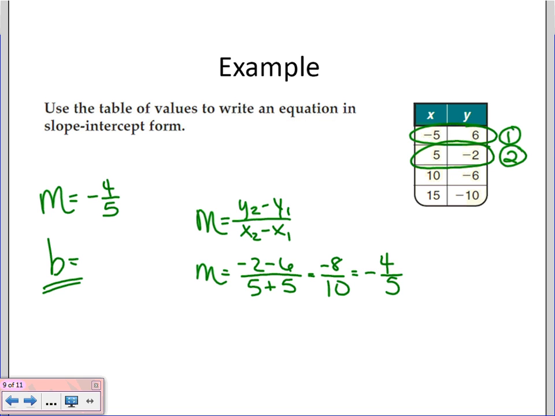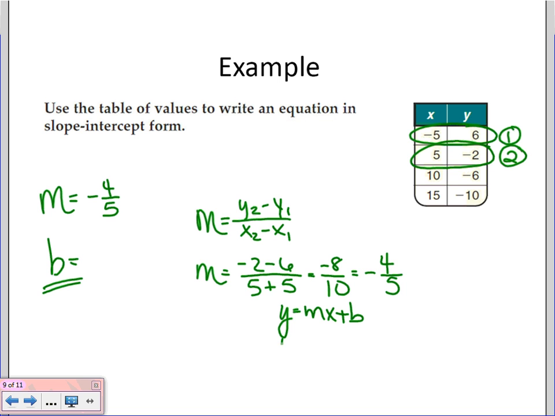And then finally, to find our b, it's going to be very similar to how we just did. We're going to choose a point. Does not matter which point you choose, but it must be an x and a y. And we're going to plug that into our y equals mx plus b, using our slope we just found and a point on this table. So let's choose, how about negative 5 and 6, that first pair up there?